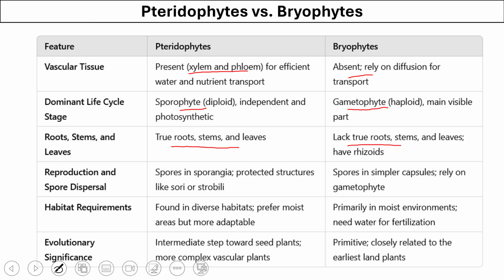The spores are produced in a well-developed structure called sporangia in pteridophytes, which has a protective mechanism. Pteridophytes are also better adapted to terrestrial life and are present in more diverse habitats. And pteridophytes are one step closer to the more complex seed plants in the evolutionary tree.